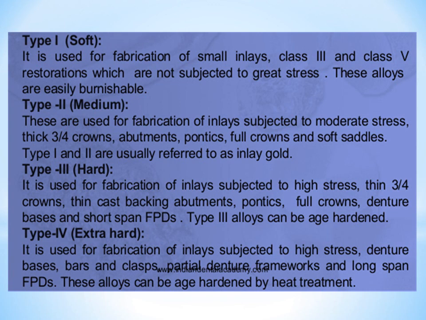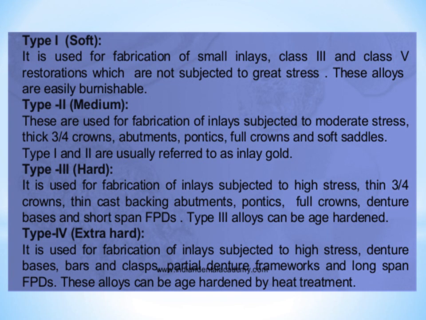Now moving on to type 3, which is the hard type, is used for the fabrication of inlays subjected to higher stress. Again, thin 3/4 crowns, thin cast backing, abutments, pontics, full crowns, denture bases, and short span fixed partial dentures. So basically, this means that when we talk about metallic dentures and the framework, we can use type 3.